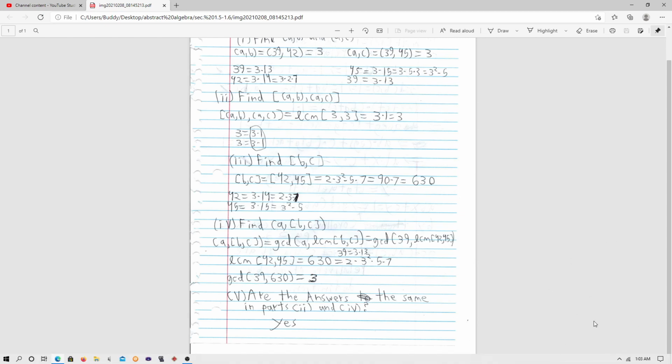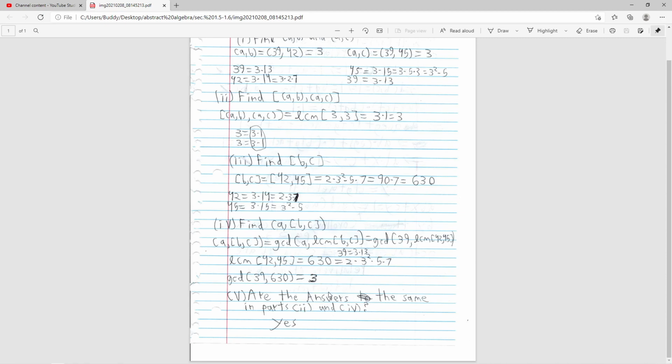If the LCM of 42 and 45 equals 630, as said before, then GCD of 39 and 630: 630 is 2 times 3 squared times 5 times 7, and 39 is only 3 times 13 when factored down. So the GCD is 3.